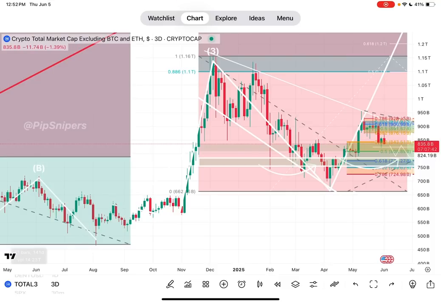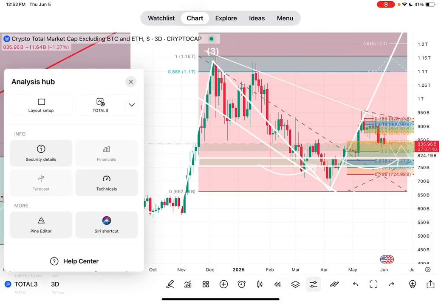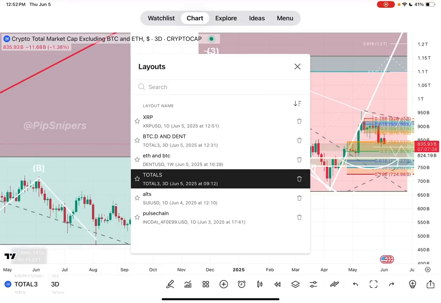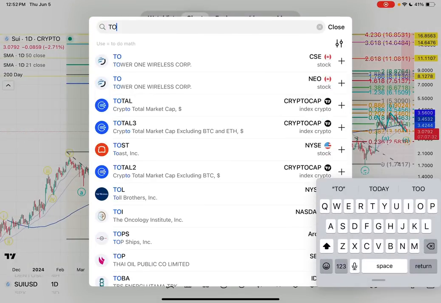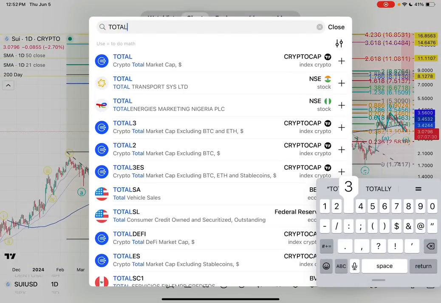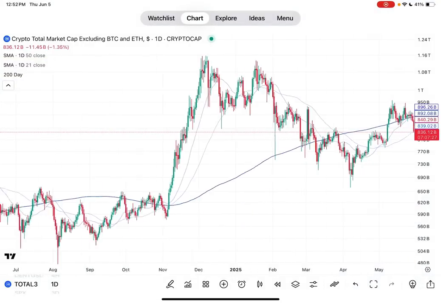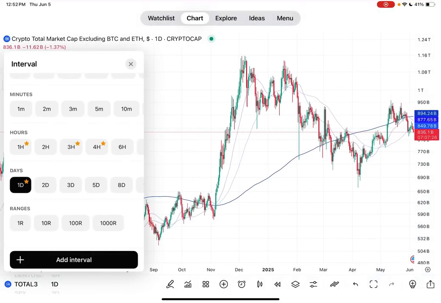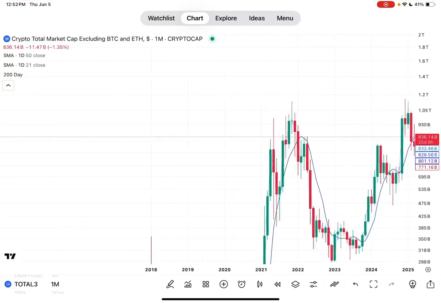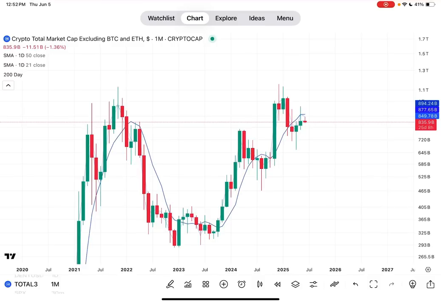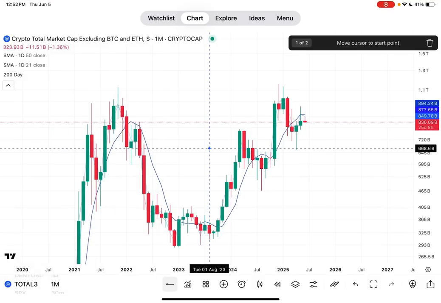Okay, so look at Total 3 on the monthly time frame over here. So this is Total 3 on the monthly. And you see March and April were always the backtest months.